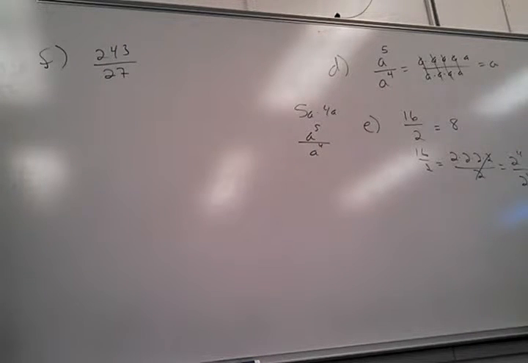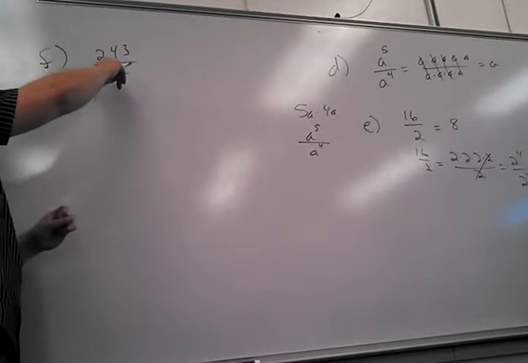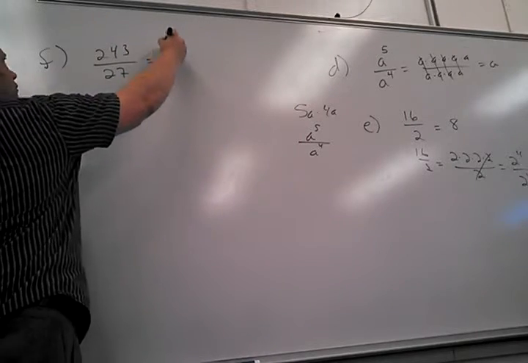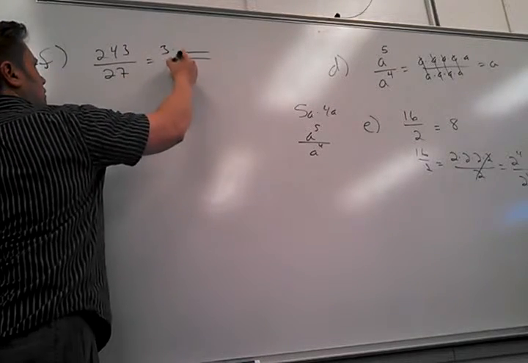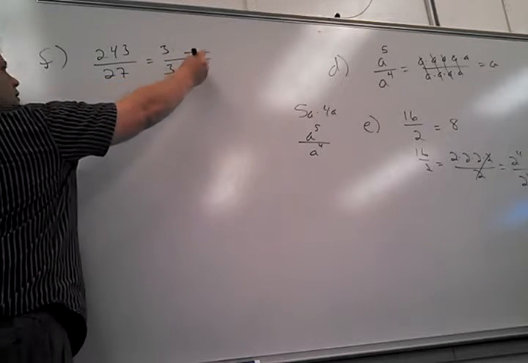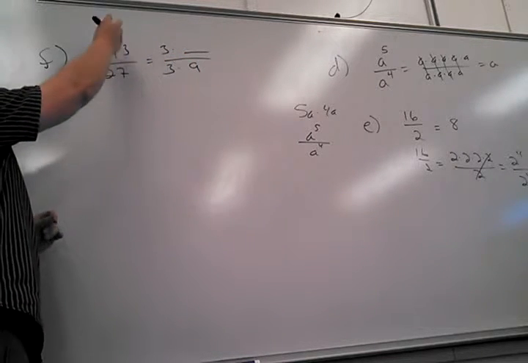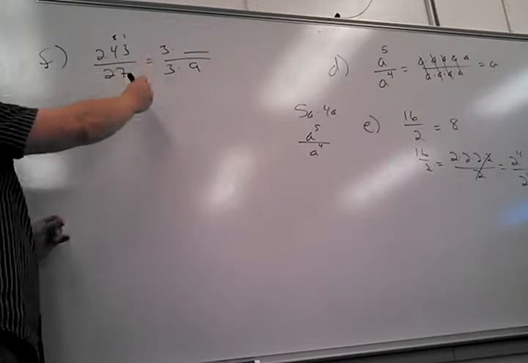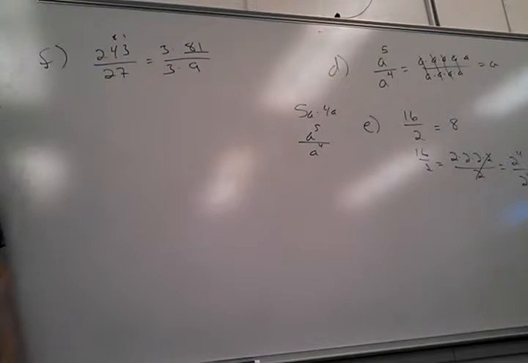And the top is 81. Right? So the 3's go away. And of course, 81 divided by 9. 81 is 9 times 9 over 9. One of the 9's goes out, so it's 9. Stay with me. So far?